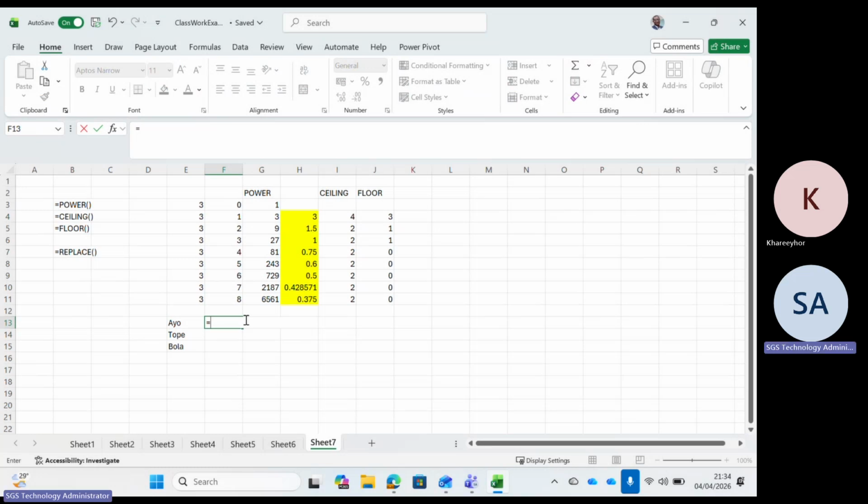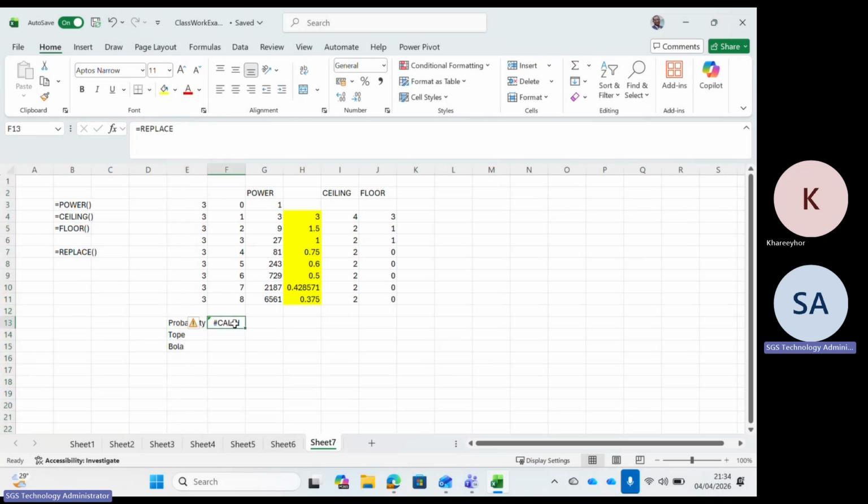Equals REPLACE. Okay, let me do something different. Probability. Okay, then that would be a good example for us. Equals REPLACE. What's the old text? Probability.